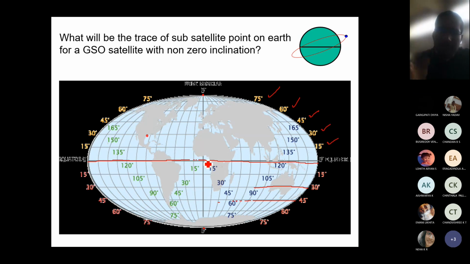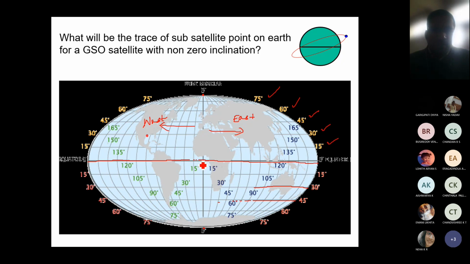Towards the east and towards the west, the longitudes are marked like this: 15° east longitude, 30° east, 45° east, 60° east, and so on up to 180° east longitude.